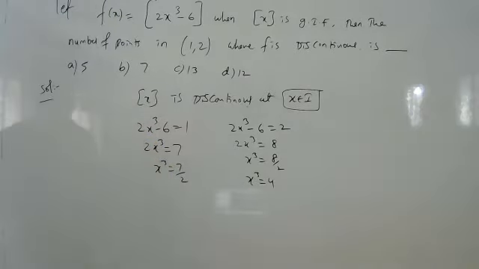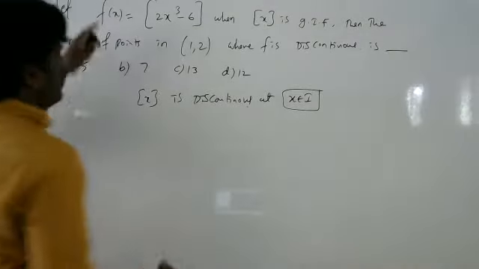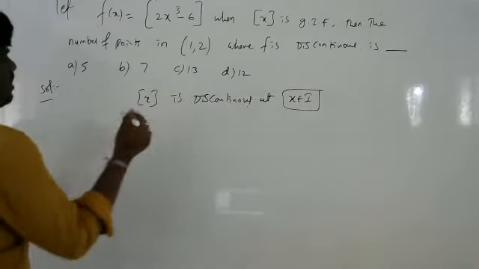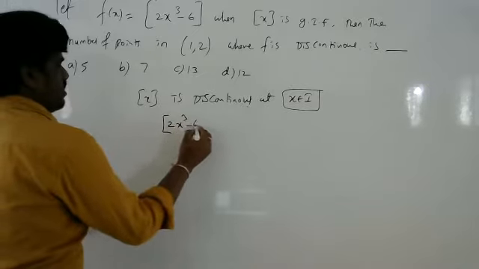Am I right? 2x cube plus 6 or minus 6? Let me see the question once. Okay, minus 6. They have given greatest integer of 2x cube minus 6.